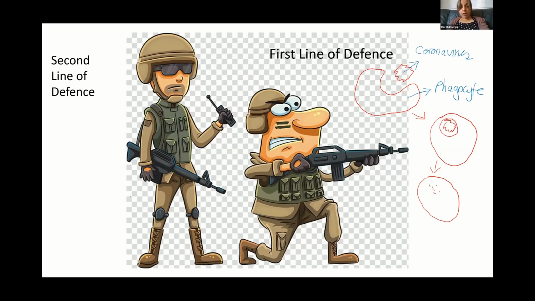I'm soon going to share another slide with you on this detail. But basically, the phagocytes are the first line of defense. They are the first white blood cells to attack the coronavirus as soon as we can see that the coronavirus has these foreign ID cards on its surface, these foreign antigens, which the white blood cells will not recognize as belonging to the body, and then the phagocytes will indeed attack them and gobble them up like this. So now we are just going to look a little bit more at phagocytosis.